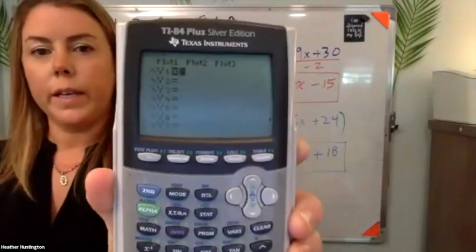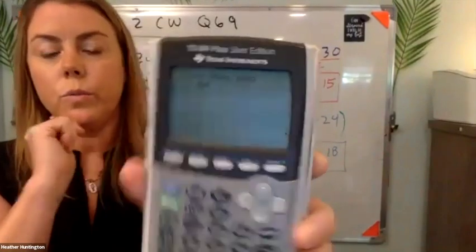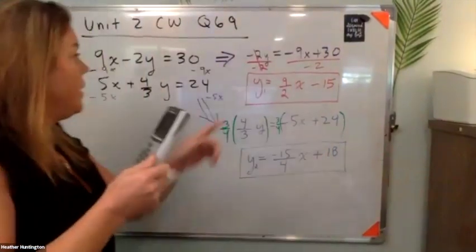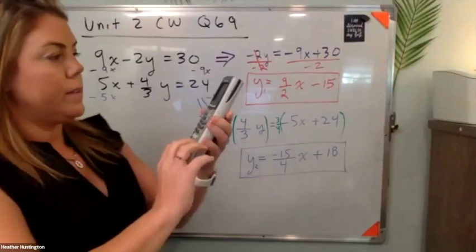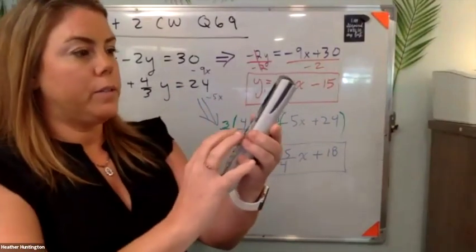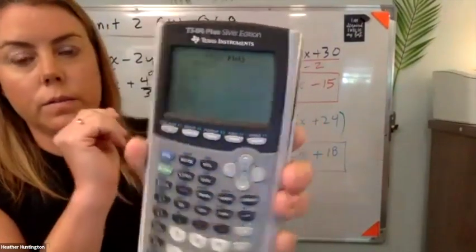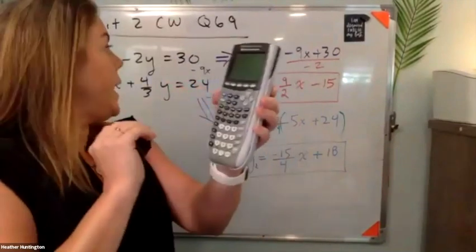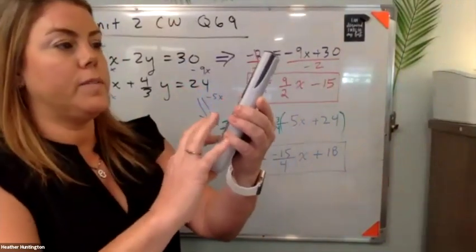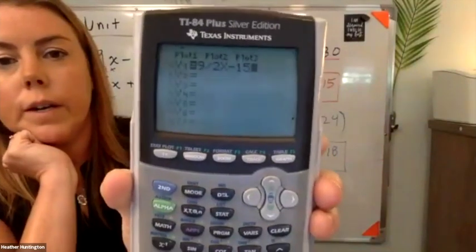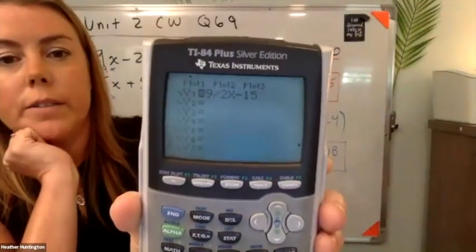All right, I'm going to turn my calculator on and go to y equals. Okay, y1 is 9 divided by 2. You could put in 4.5 if you want. X minus 15. Right, so we have 9/2 x minus 15.